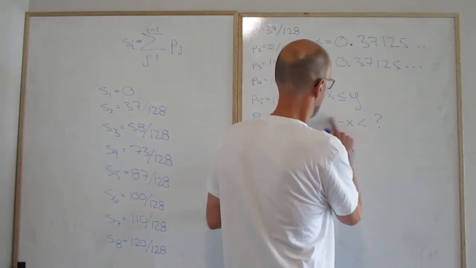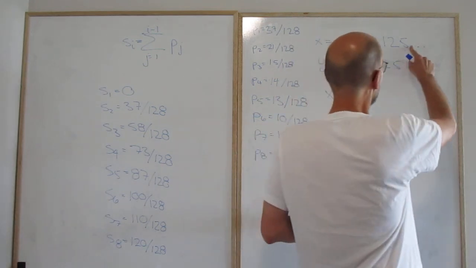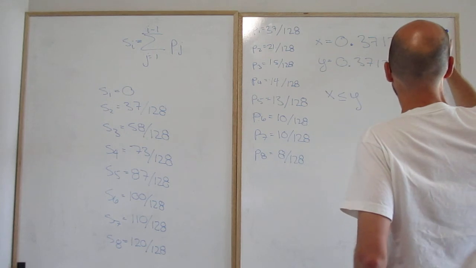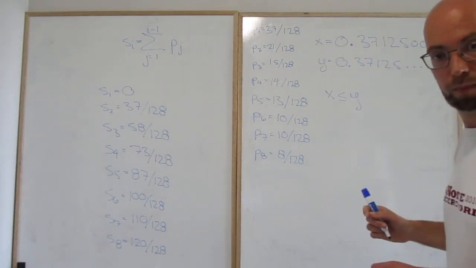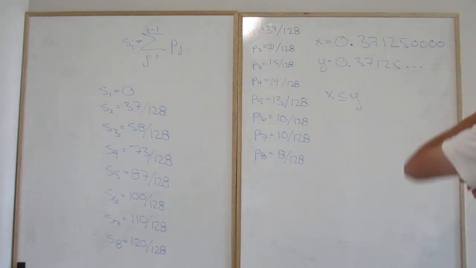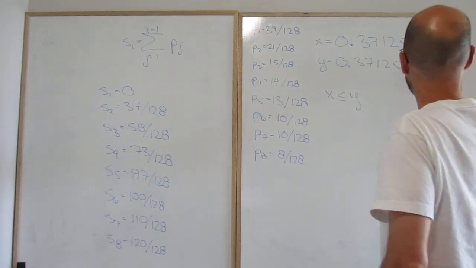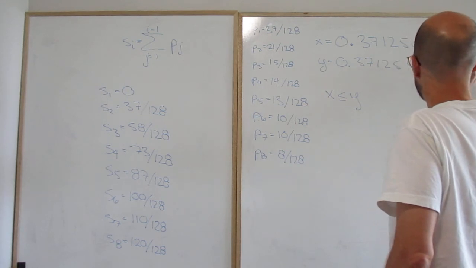But notice the smallest amount x can be is if this is followed by a whole string of zeros, right? If the part I didn't tell you is all zeros. And here you say, okay, well, how big can y be? Well, maybe it's followed by a whole string of 9s, but no, it's not.